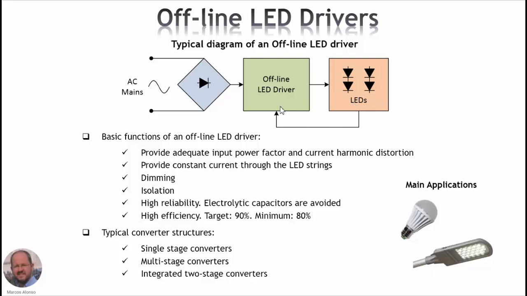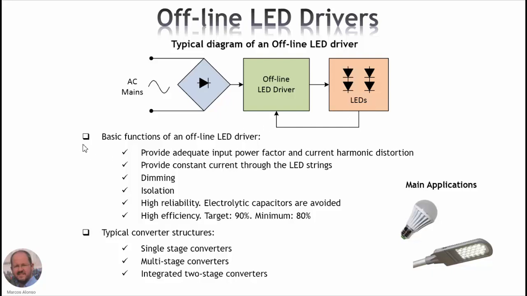Usually we are going to operate in closed loop by measuring the current through the lamp and regulating the current against the variations of the input voltage here at the mains, and also against variation of the lamp itself.